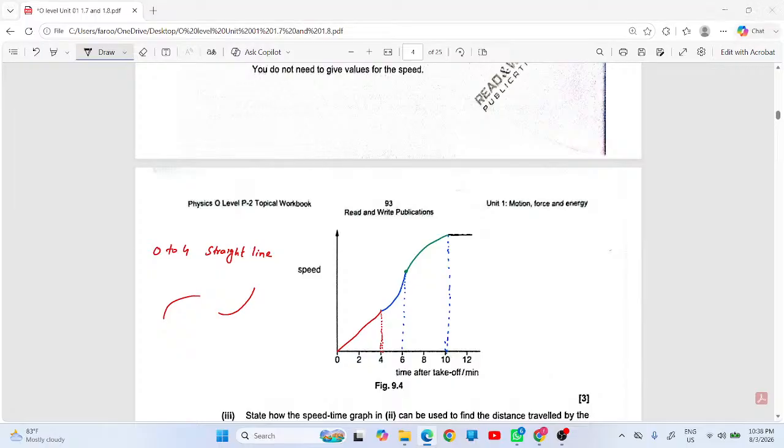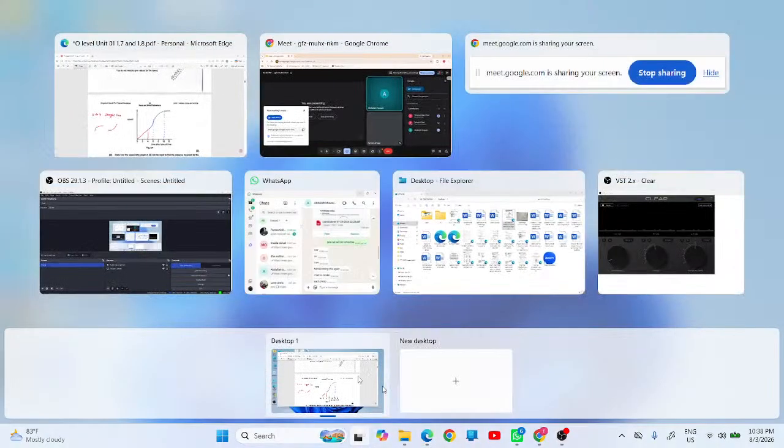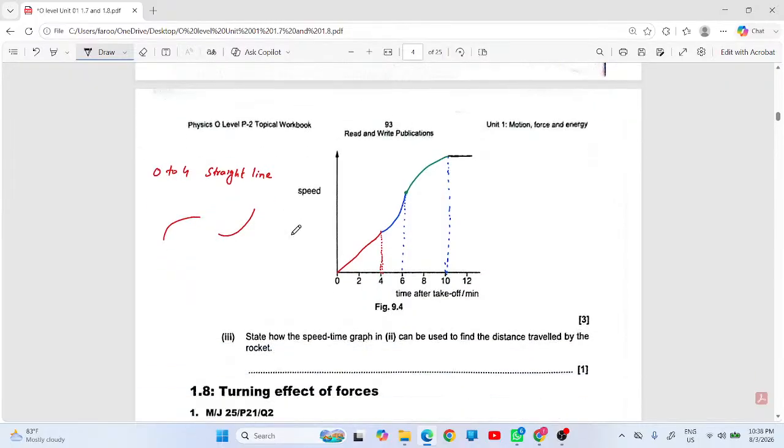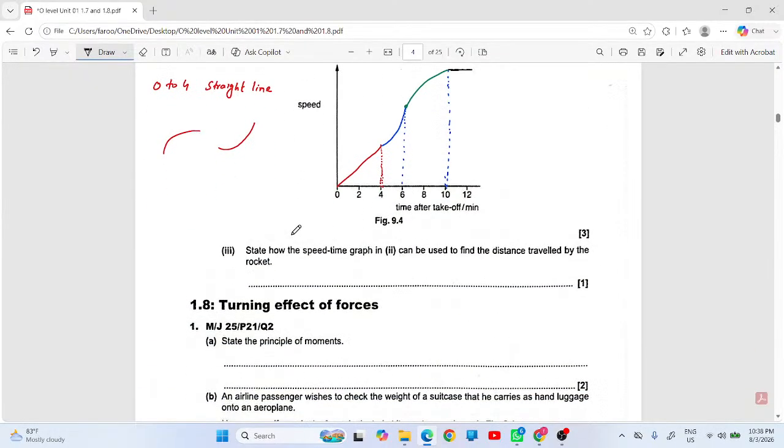Okay, next is state how the speed time graph in B can be used to find the distance traveled by the rocket.